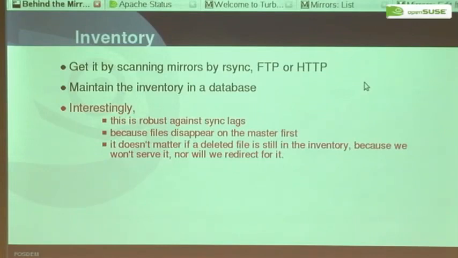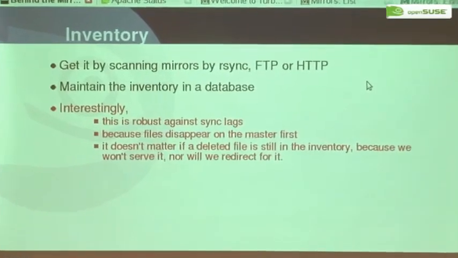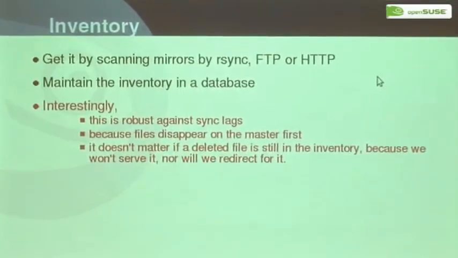But this is not a problem for us because the files disappear first on the master itself. So once they are gone there, we don't need to redirect for them or deliver them. So there's actually no need to look up in the inventory. It will be cleaned up later, but it doesn't matter.